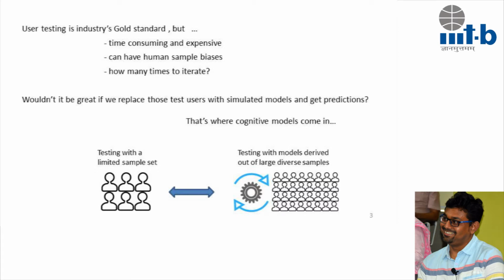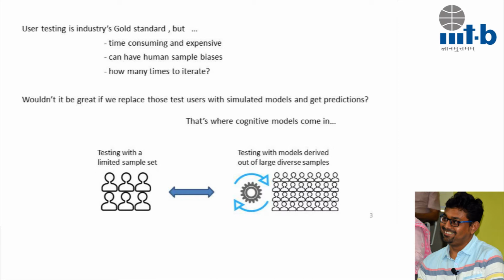So the point is, isn't it better if we have something in the form of user simulators, where there are mathematical models which define how users think, how your people would think? And that is where cognitive modeling comes into the picture. What I'm talking about here is, on one side, in user-centered design methods, you would test your product with a limited set of users.